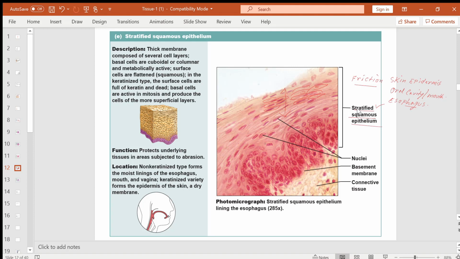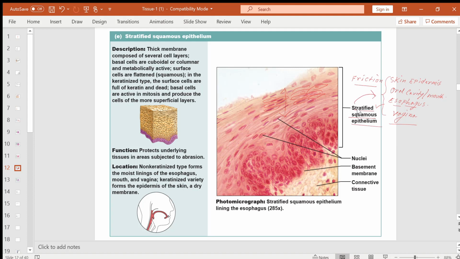So when that solid food bolus passes through the narrow esophagus, in the inner surface of the esophagus, you get friction. So that's why it is stratified squamous, inner lining of the vagina. So these are the main areas where you see the stratified squamous epithelium.